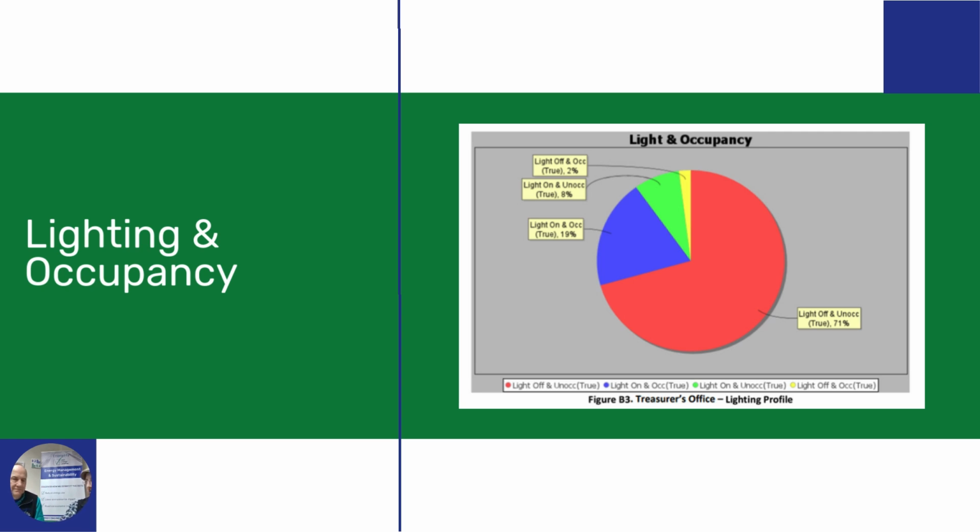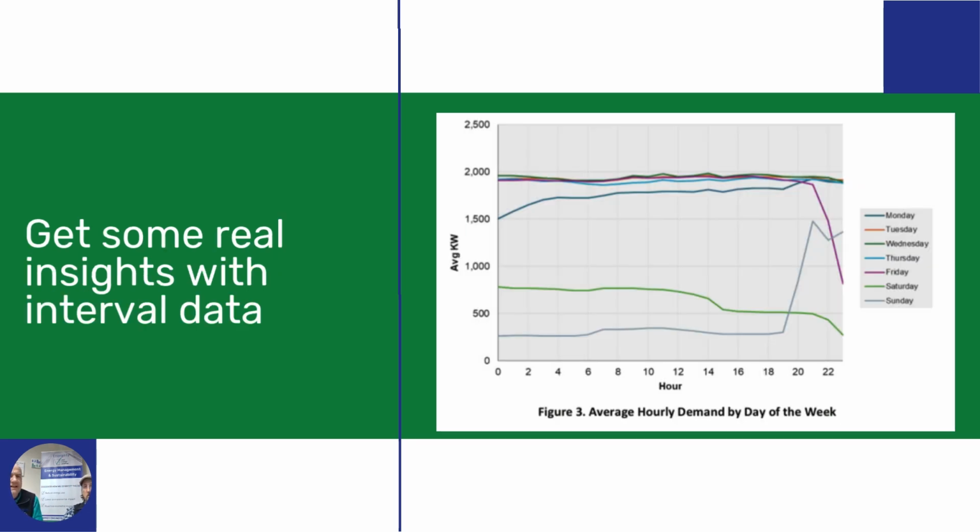I've been in buildings where you have a meeting with somebody, their office or their desk is close to the windows and they don't turn the lights on. But this would give us green as our opportunity, red would be, hey, they're doing it correctly. There's no opportunity there. Yeah, and in this case, about three quarters of the time they're doing what they're supposed to, turn the lights off when nobody's in the space.